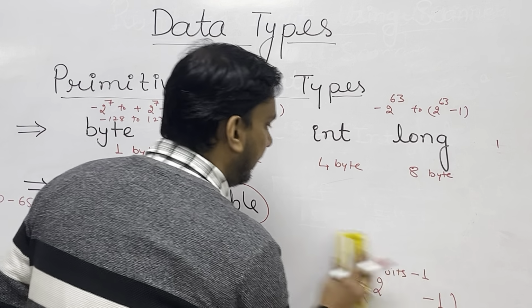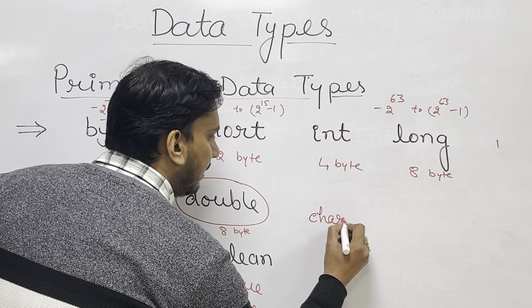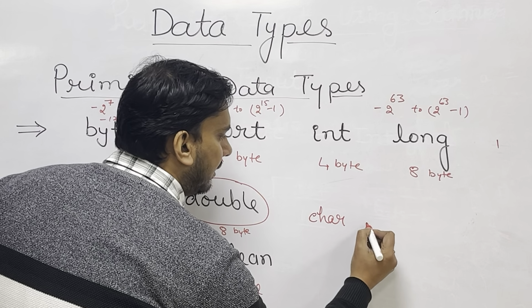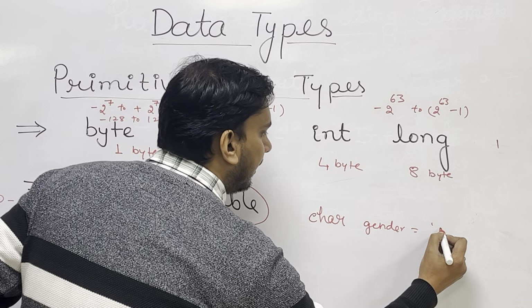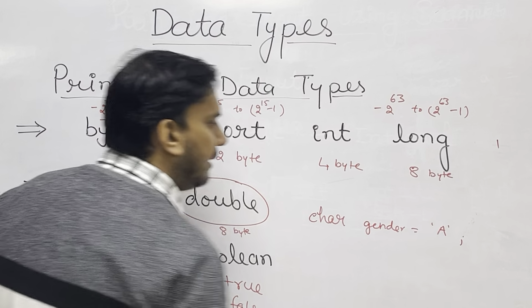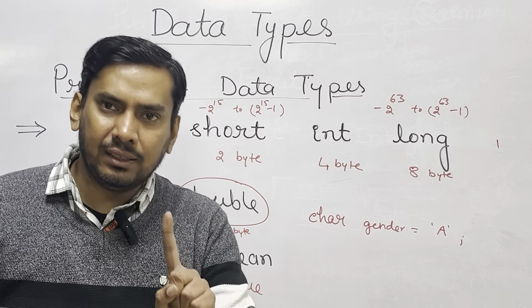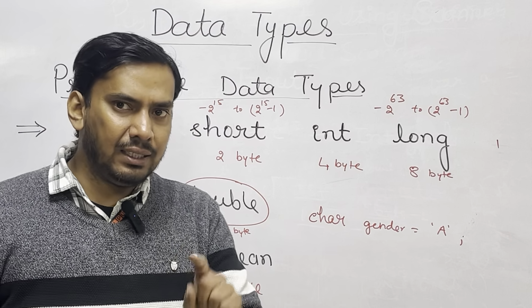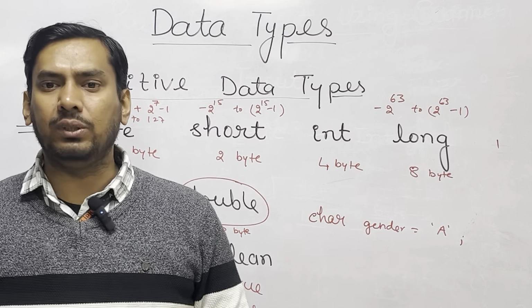I can write char gender is equal to 'A'. How do we represent a character literal? A single alphanumeric character written inside single quotes is a char.